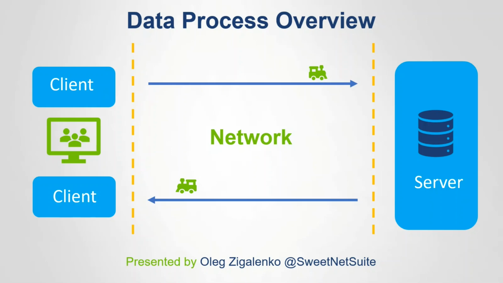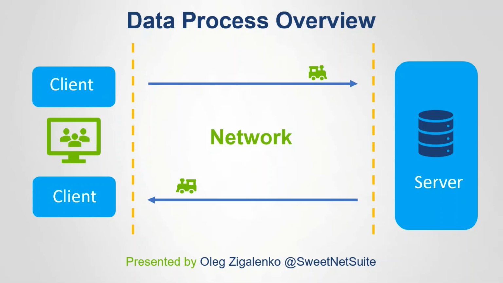Then the client comes in again. Before you see the data, there are different scripts and different things that NetSuite will do, and your browser will interpret the data and display it on your screen. That's why I split the client on top and on the bottom, as it does different things at two different times.